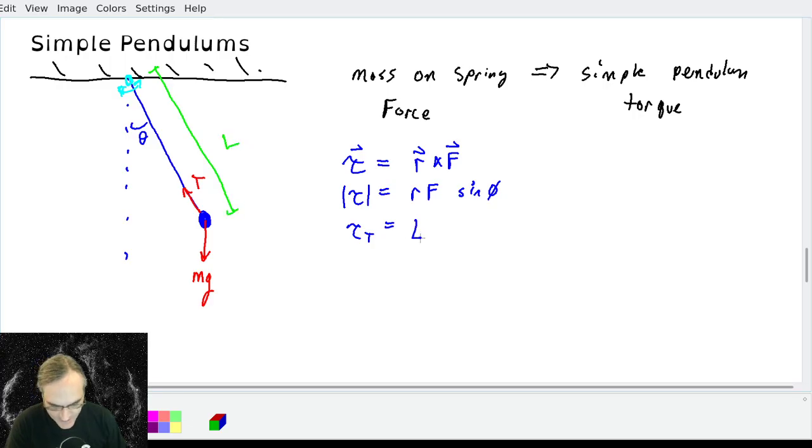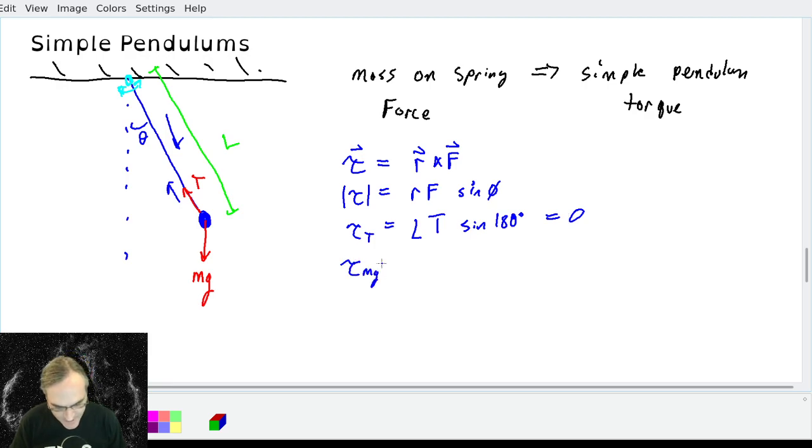So we'll have L, we'll have the size of our tension force, and we will have sine of, we start out coming out, we turn around and we go back. They are 180 degrees away from each other. We get zero torque. So the tension can create no torque around our light blue pivot point up at the top.